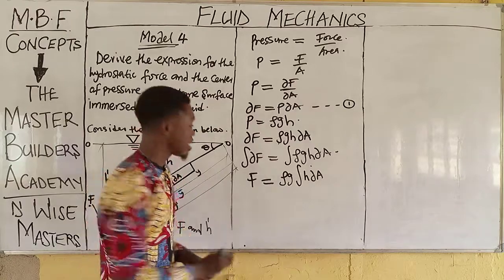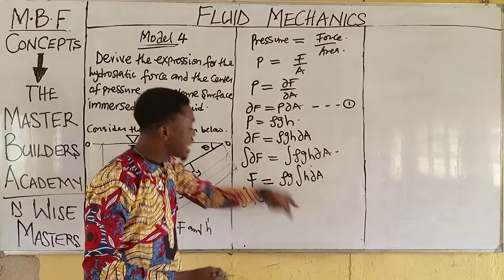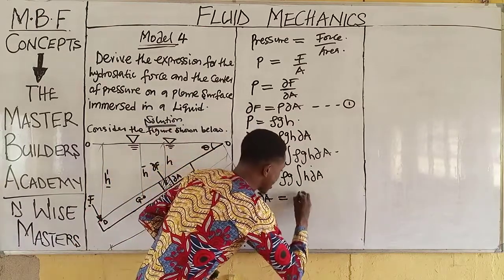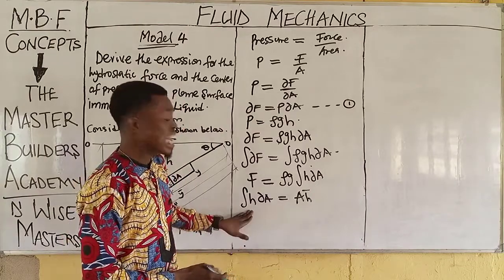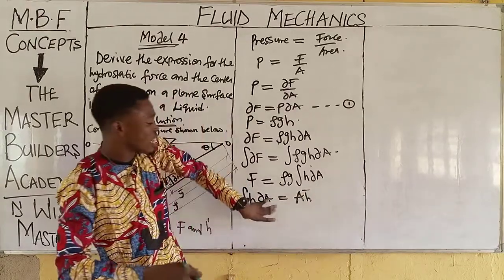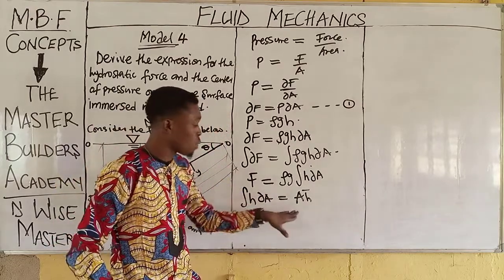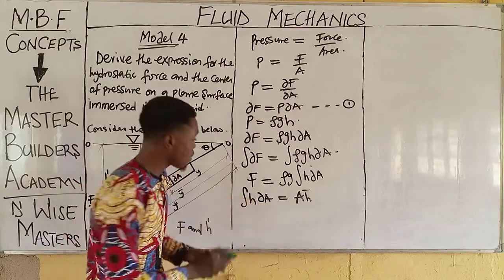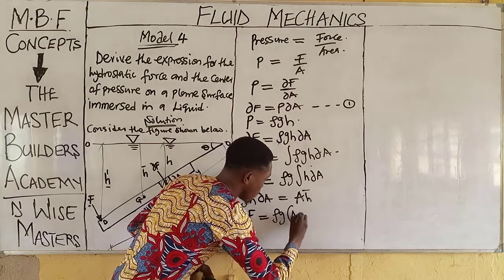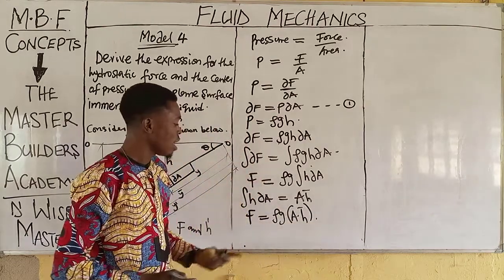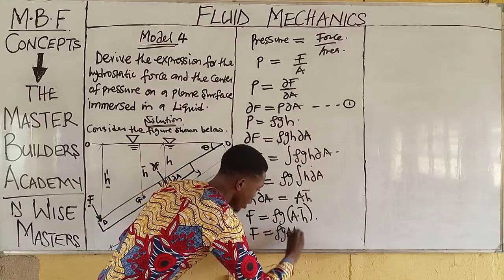We understand that this is the same thing as the first moment of area, so anywhere we have this in the equation, we replace it with A h bar. Then F is equal to rho g multiplied by A h bar, and when we multiply out, the hydrostatic force is rho g A h bar.